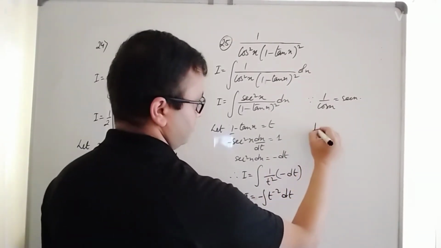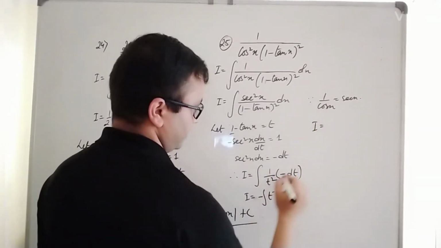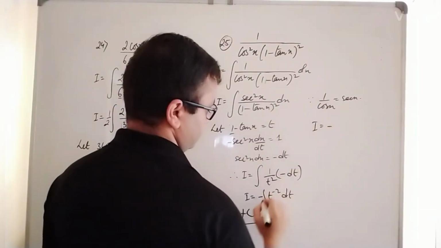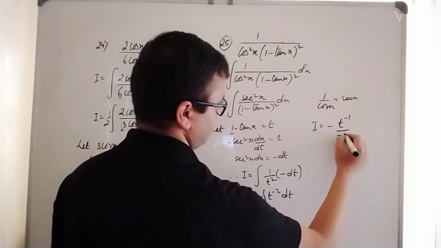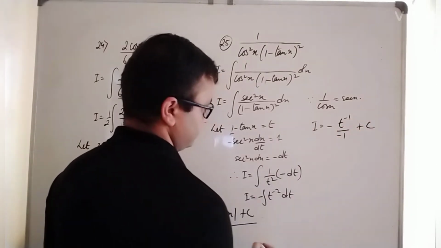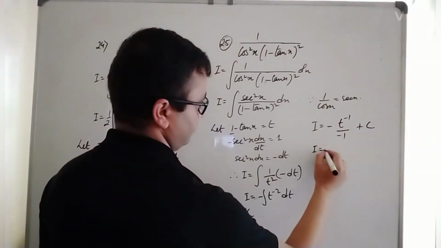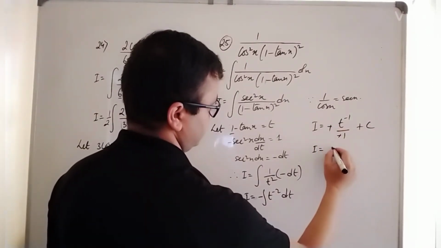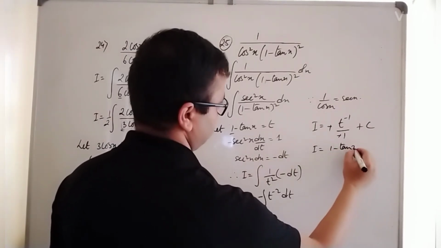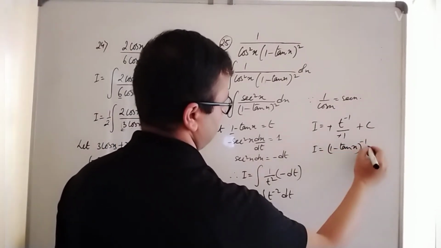So I equals integration of t to the power minus 2, with the minus: t to the power minus 1 by minus 1 plus c. The minus into minus cancels. So t to the power minus 1, where t is 1 minus tan x, whole to the power minus 1, plus c.